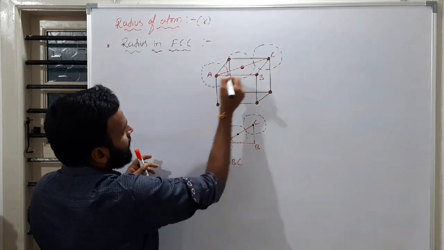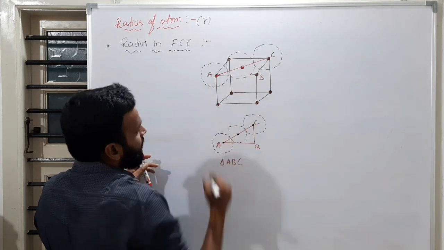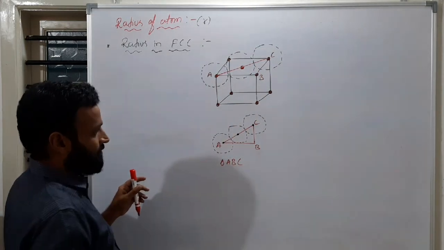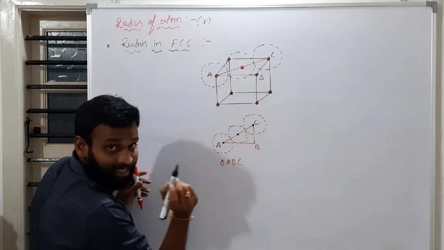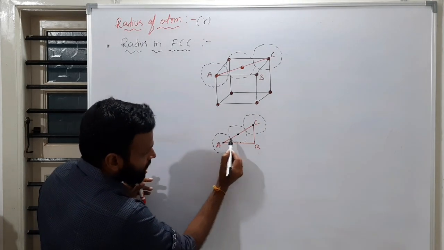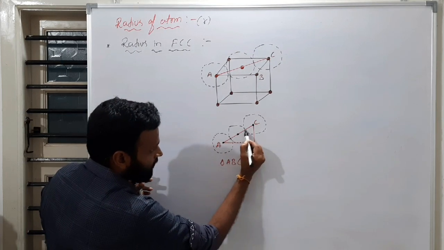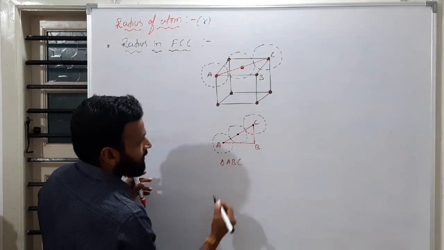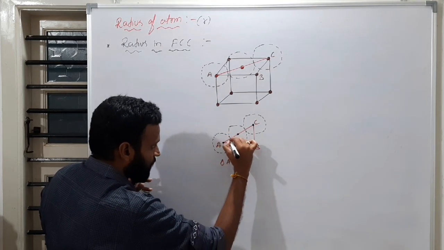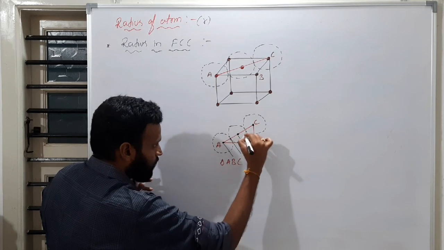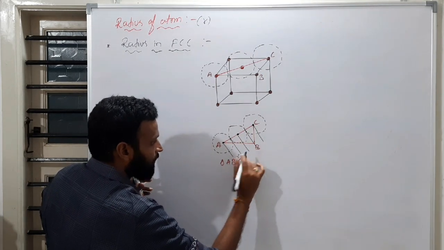This is a corner atom and this is a corner atom, and in the middle you have the face center atom. So like this you have a radius R. See the radius, you must observe everyone. Here to here one radius, and here to here another radius, and so on. So you have 1, 2, 3 and 4 radii.